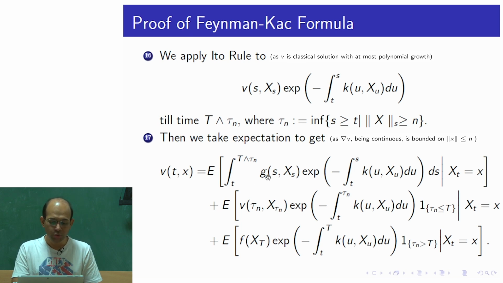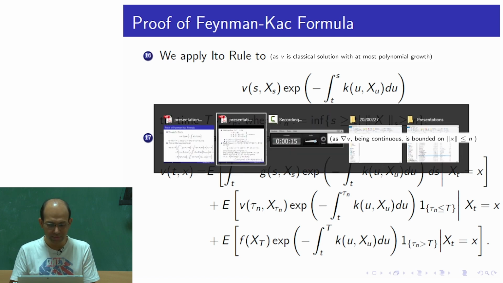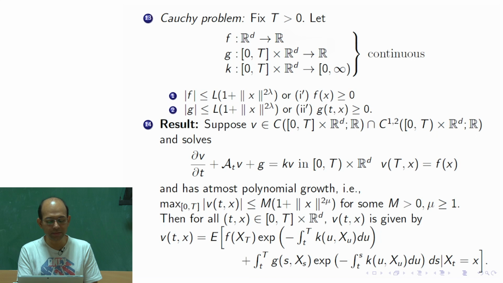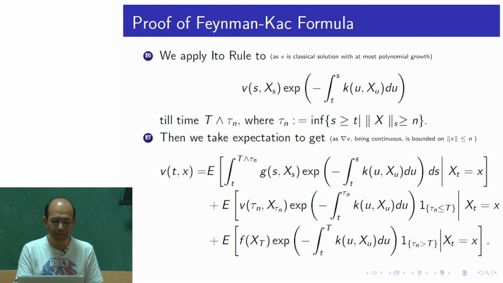So g appears as g of s, x s, times e to the power of minus the integral from small t to s of k of x u du. This whole thing is a function of s, and that is integrated ds, and then the left hand side term there. Remember that this is minus g, but I am writing g here.